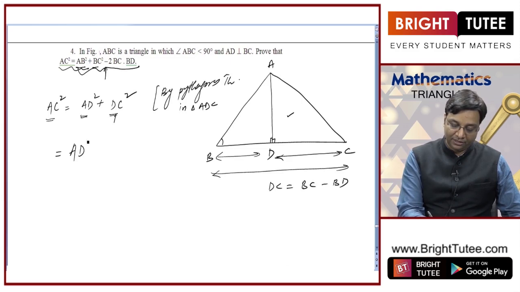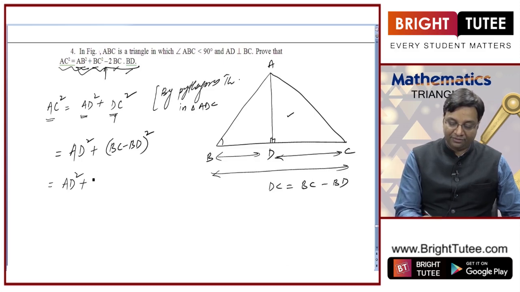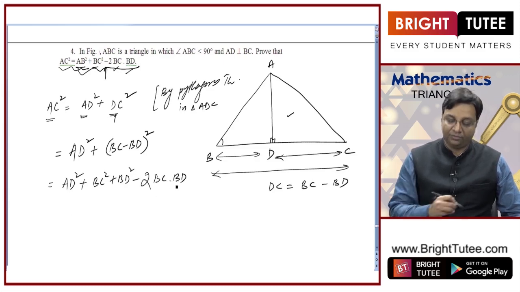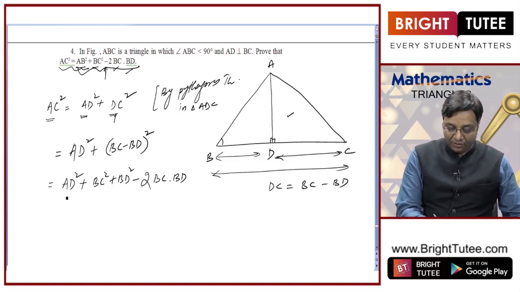So make this replacement BC minus BD and then whole square. You see, BC, BD I require. So I think this should give me the desired result after a little manipulation. BC square plus BD square minus twice of BC into BD, right?